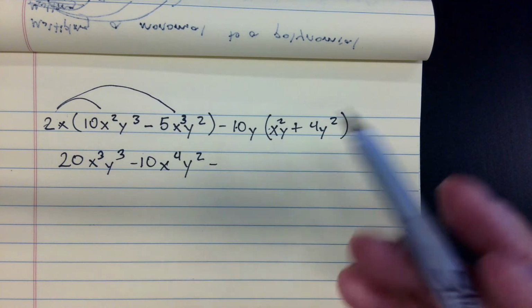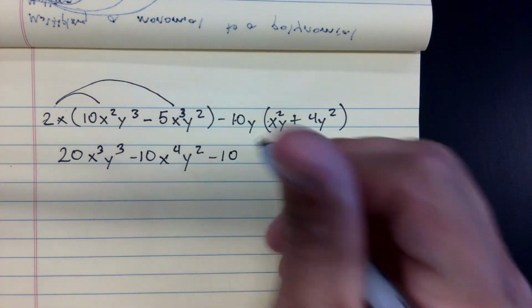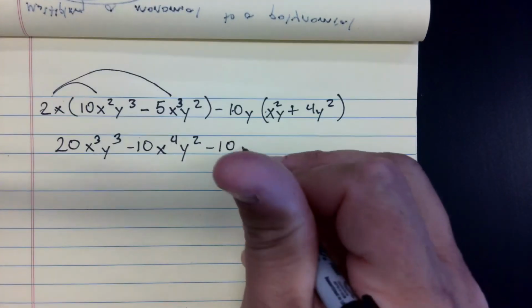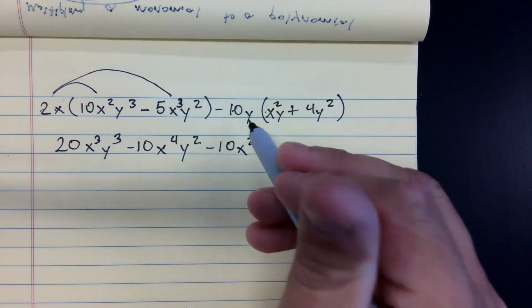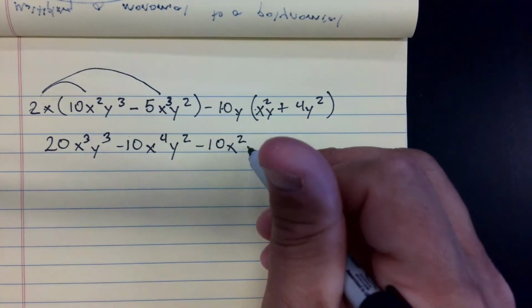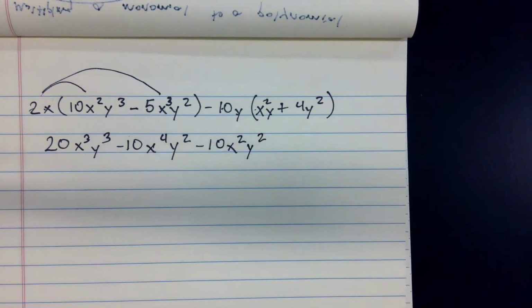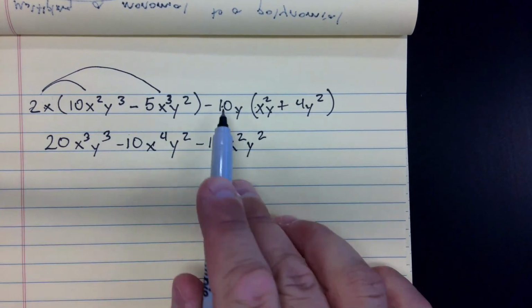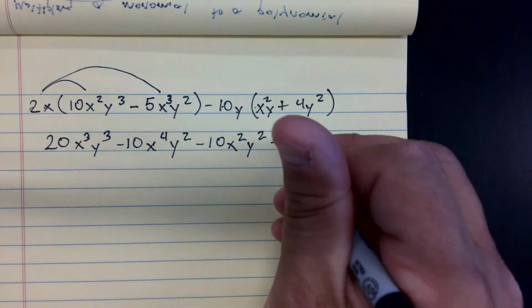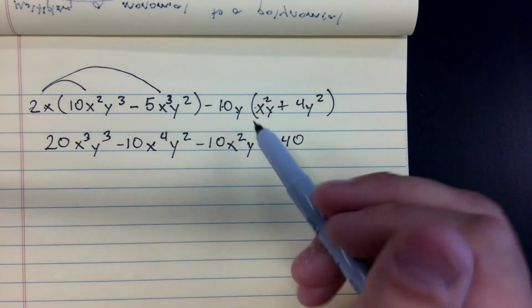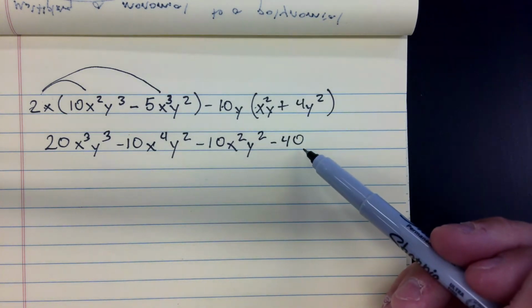So let's look at the other one. Negative 10 times 1 is just negative 10. The x squared just comes down. Y times y is y squared. Negative 10 times 4 is negative 40. Is there an x on this one?